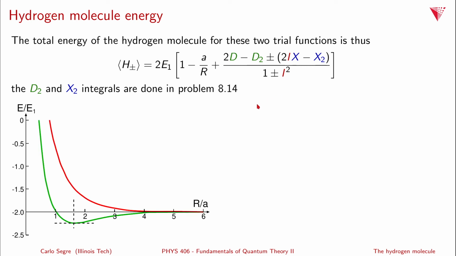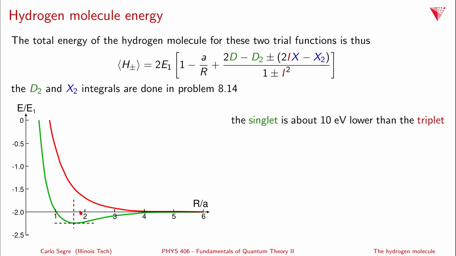And you can plot the final results after putting it all together versus the same value of x, which was r over a, where r is the proton-proton distance and a is the Bohr radius. And now we see that the singlet state is in green, and it looks very much like the hydrogen molecule ion. Of course, the values are different.